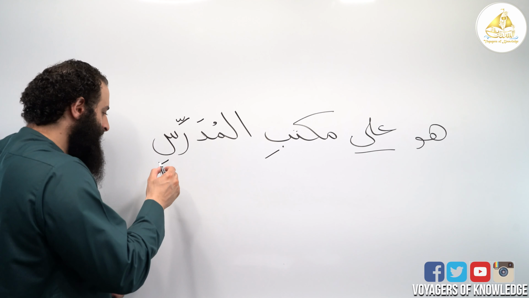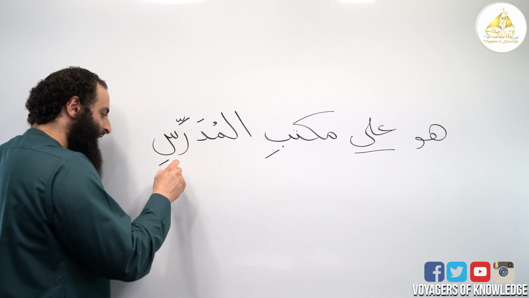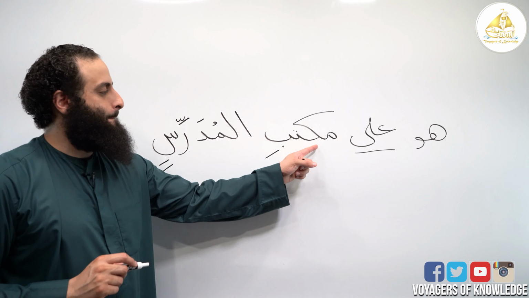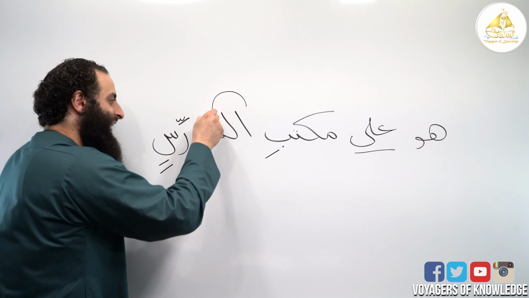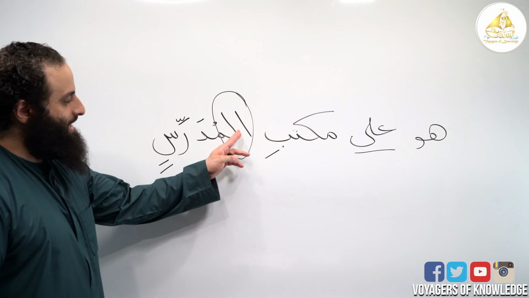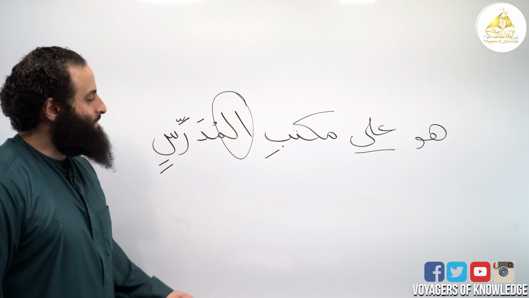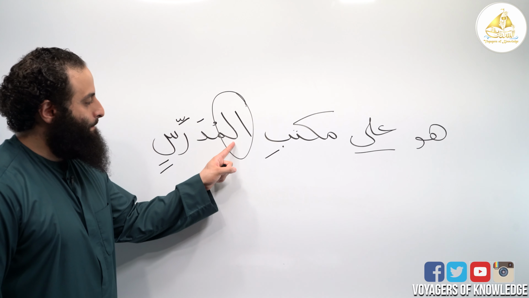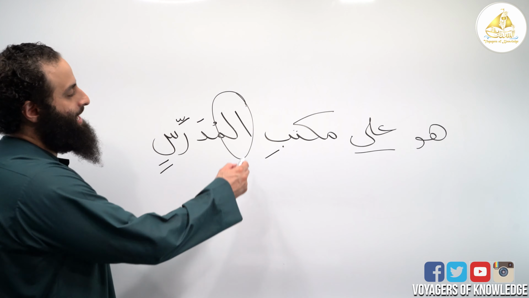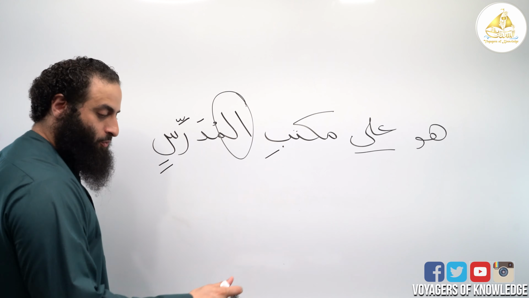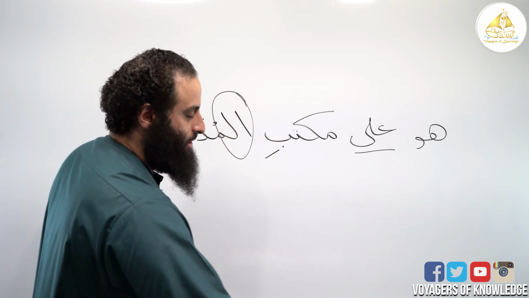You said, wait, we took Kitabu Muhammadin. Why doesn't this say Maktabi al-Mudarrisin? Because of this. Alif and Lam will never accept the tanween at the end. If there's an alif and lam in the word, it doesn't want tanween. It doesn't want nothing to do with tanween.